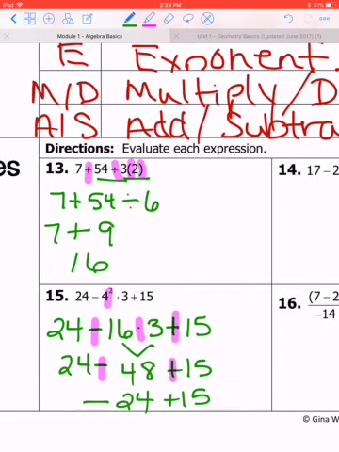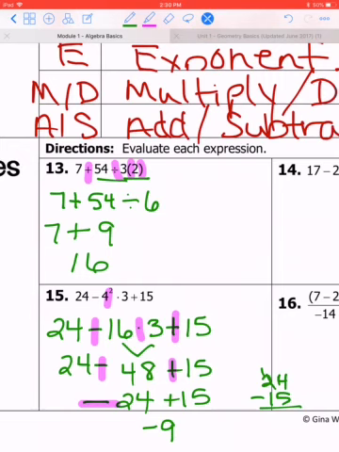So now here's the last step. So I have negative 24 plus 15. Remember, when you have a negative and a positive, you're actually subtracting. So it's like over here on the side, you would be doing 24 minus 15, which is going to give you 9. But then because 24 is the larger number and it was negative, your answer has to be negative. So we would get negative 9 as our answer. Okay?